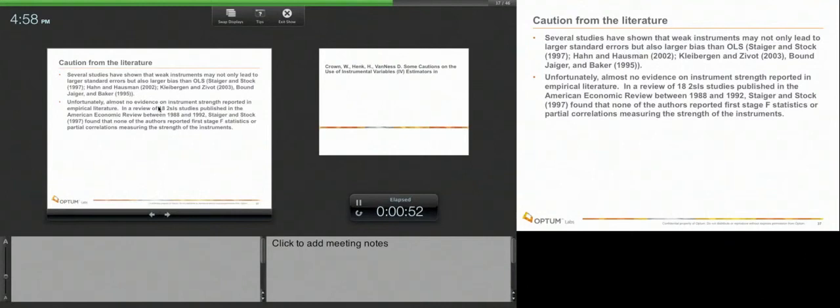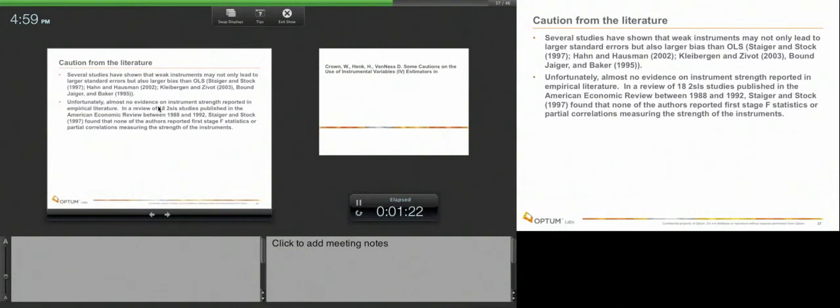A theoretical paper by Bound, Jaeger, and Baker in 1995 proposed a relationship between the strength of the endogeneity problem, the strength of the instruments, and whether there was still residual correlation of the instruments with the error term. They provided a graphical analysis of this.